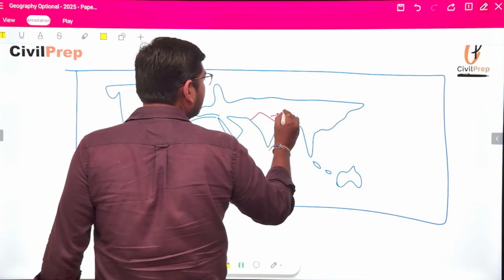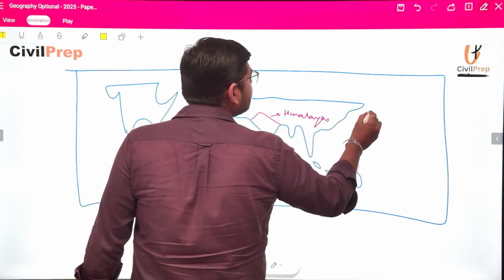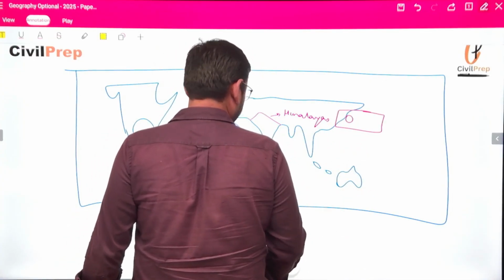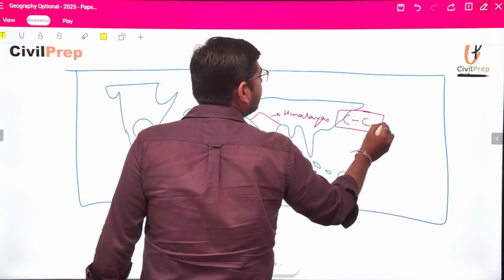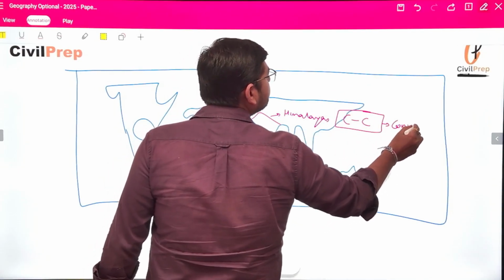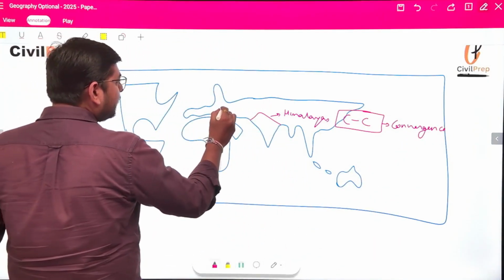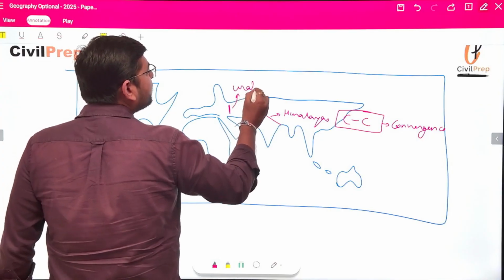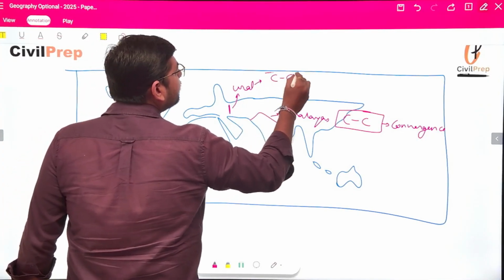For example, the Himalayas, which is present between continental convergence. We can also see it under the Ural. So this is also a type of continental convergence.